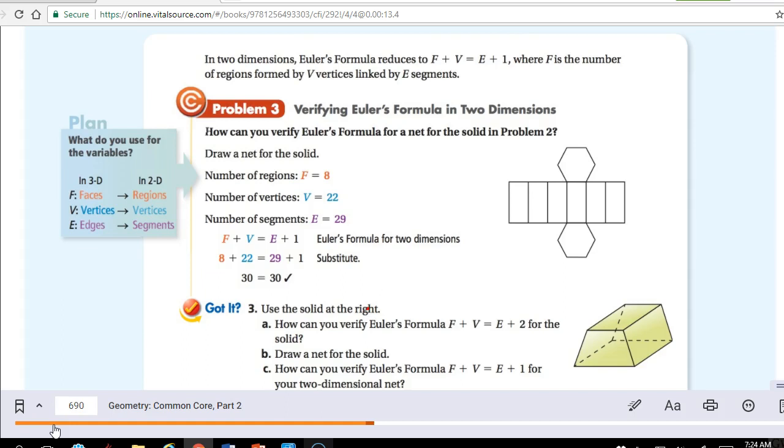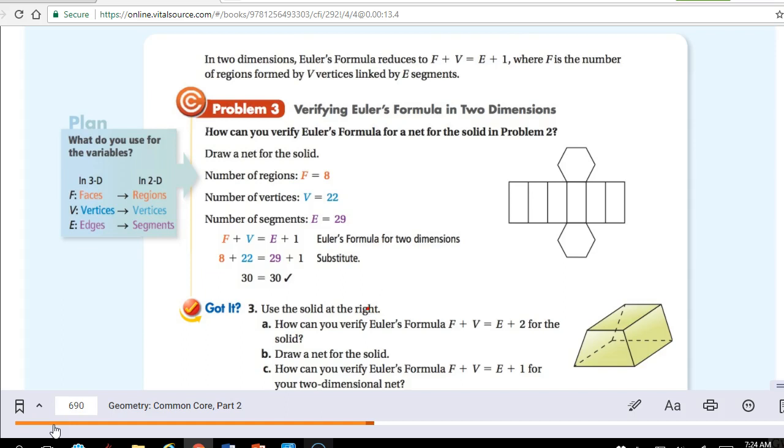Okay. Now, if that is true, let's look here. If you were trying to verify, that just means prove Euler's formula for the net problem, again, you would look at the number of regions. Now, a net is when you unwrap a particular shape, like the one on the front page. You would unwrap it as though you were taking it apart and laying it out flat.